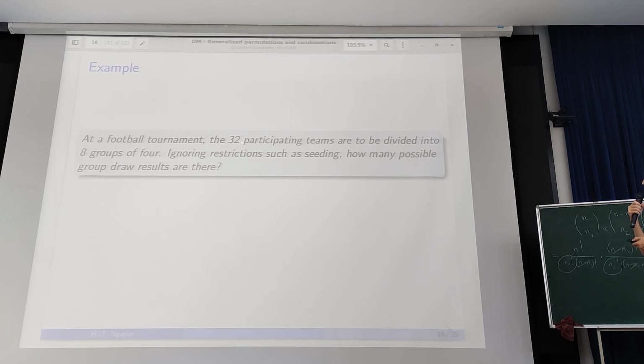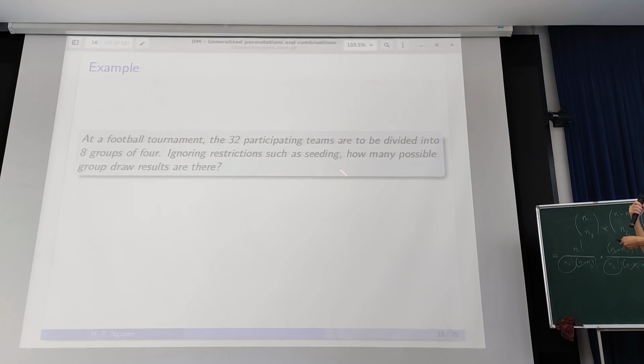Since there are 32 teams, we have 8 groups. Suppose that we choose the groups randomly, with no restriction, no seeding, and no such thing as teams which avoid each other.